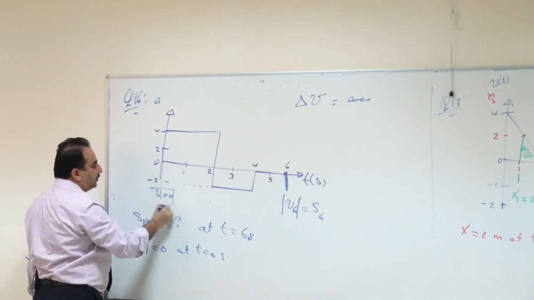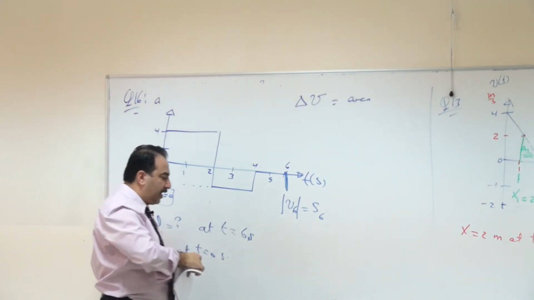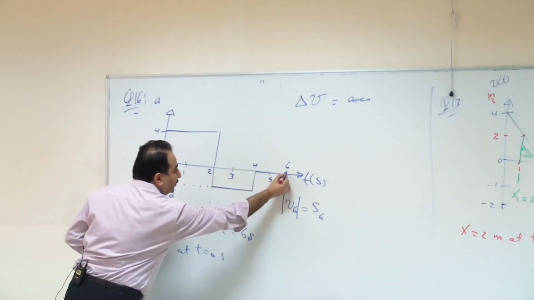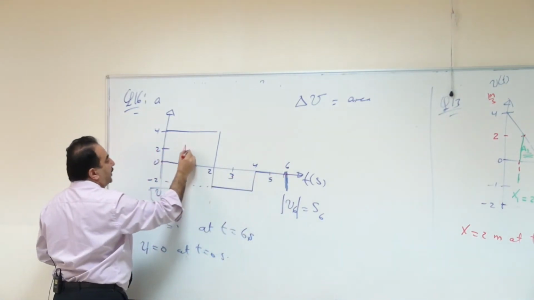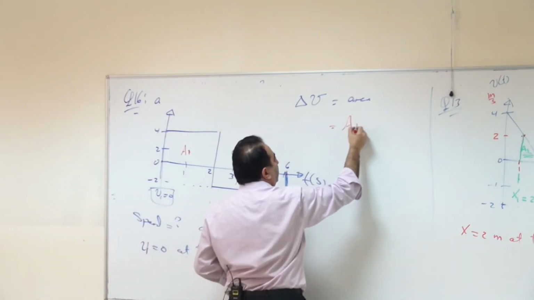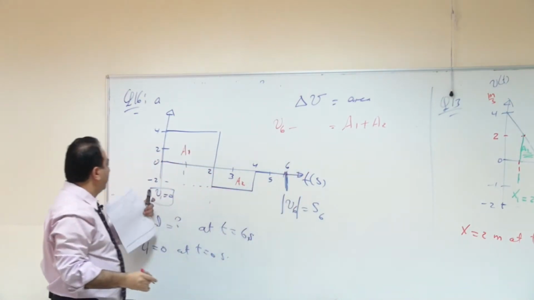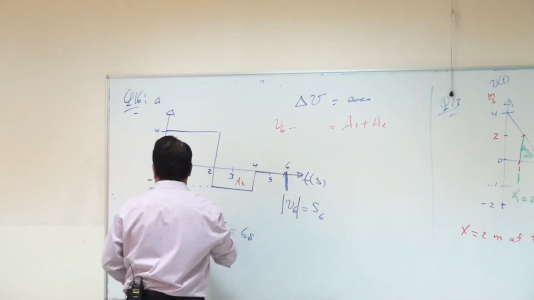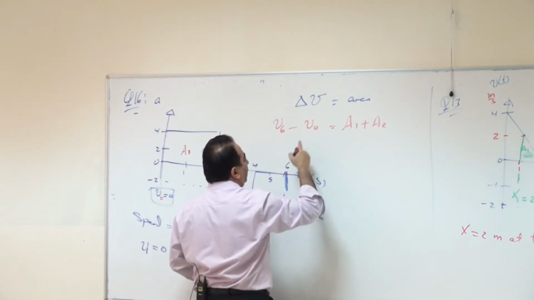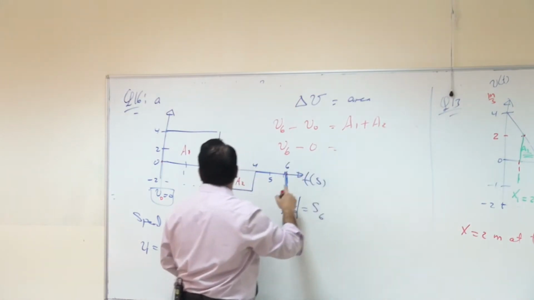Which means I have to find the area from 0 to 6. I have two areas, area 1 plus area 2. And this is V6 minus V0. What is V0? 0. V6 unknown.